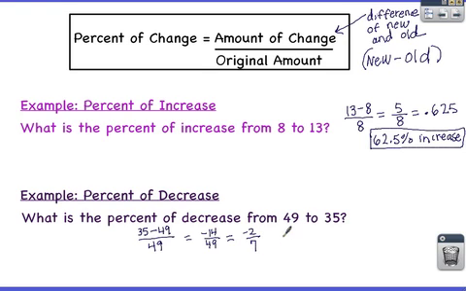Negative 2/7, when you divide, gives you a very long repeating decimal, 0.285714. But we're looking for a percent. So we'll move our decimal over 2 spaces and we'll have to round. So we can say that it's approximately a 28.6% decrease.